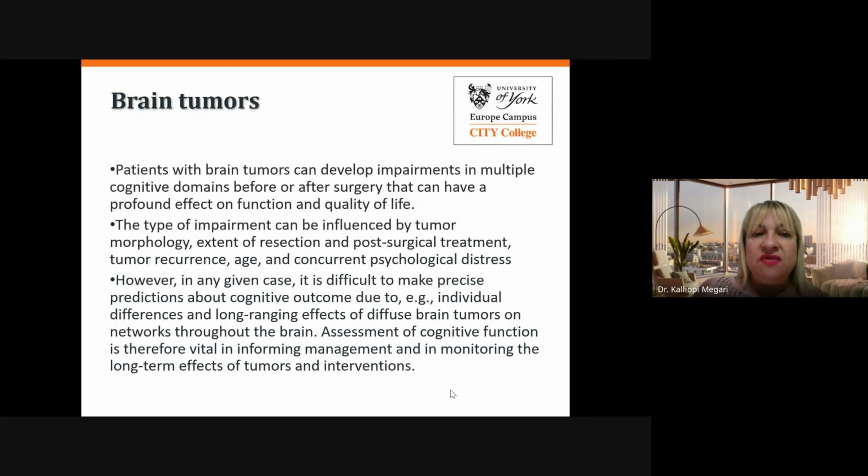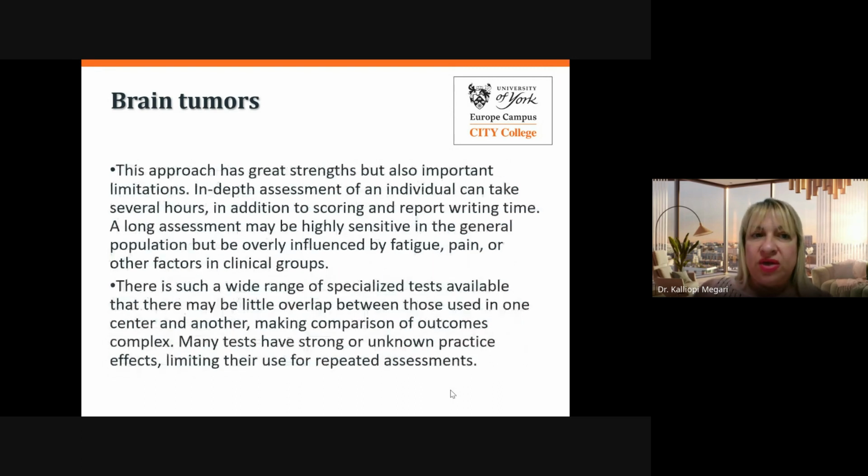However, in any given case, it's difficult to make precise predictions about cognitive outcome due to individual differences and long-ranging effects of diffuse brain tumors on networks throughout the brain. Assessment of cognitive function is therefore vital in informing management and in monitoring the long-term effects of tumors and interventions.